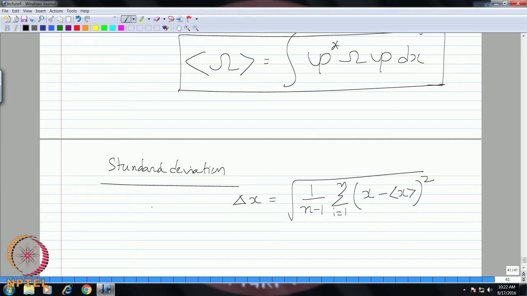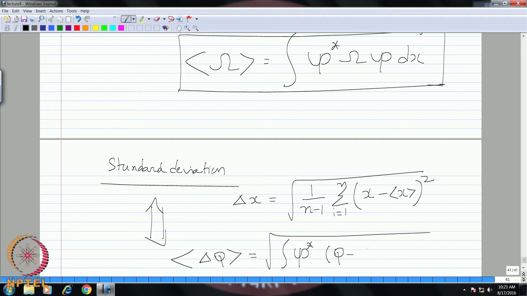Similarly, in quantum mechanics there is an analogy, but we cannot exactly translate this to that. In quantum mechanics we calculate the uncertainty in some quantity, let us say q. The expected value of the uncertainty now turns out to be the square root of, again, the integral of psi star and then q minus the expected value of q, because it is the particular quantity minus the expected value of that, okay.